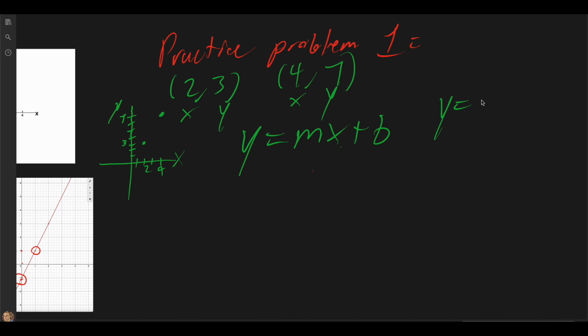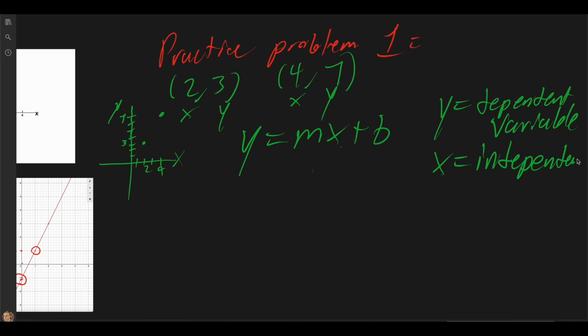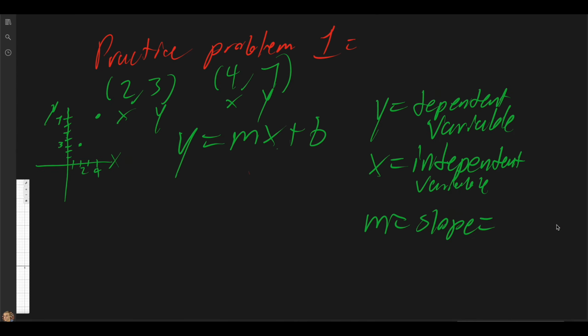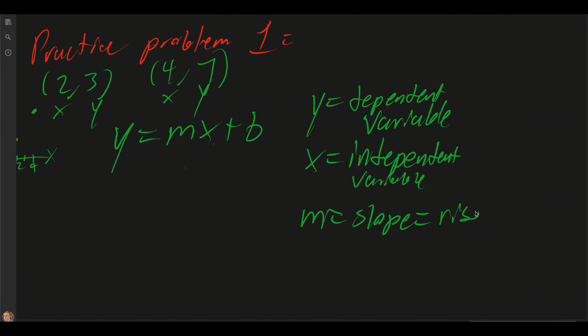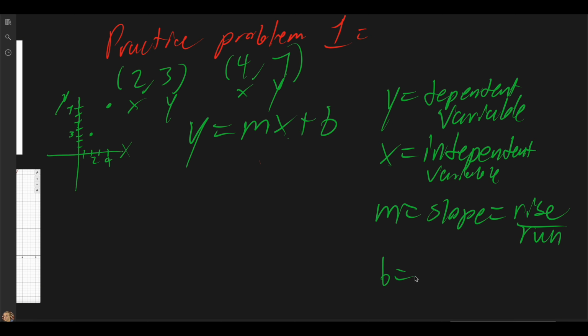So y is equal to the dependent variable, x is equal to the independent variable, m is the slope, which is equal to rise over run, and then b is going to be the y-intercept.